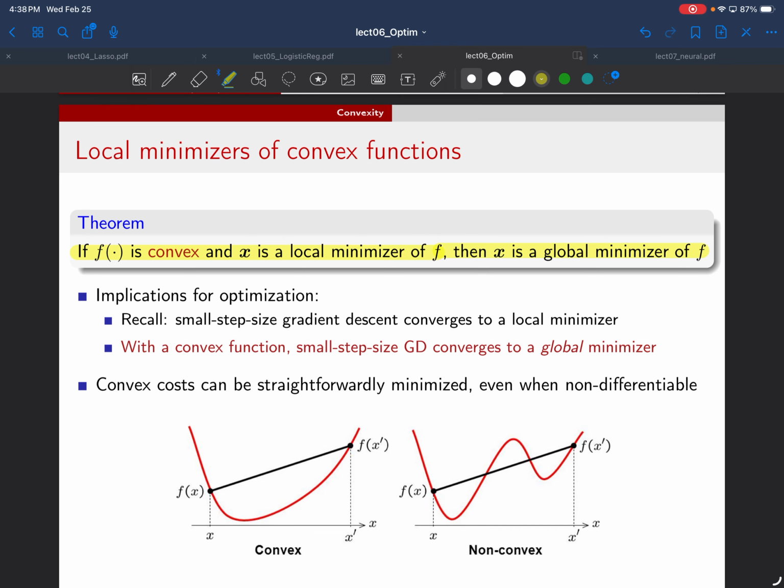This theorem doesn't necessarily need differentiability. So if you have a non-differentiable function like this, that's convex but non-differentiable, the theorem also holds, except gradient descent is not going to be the algorithm we want to use on that because it's not differentiable.